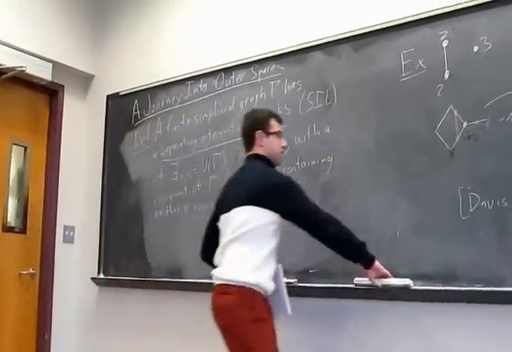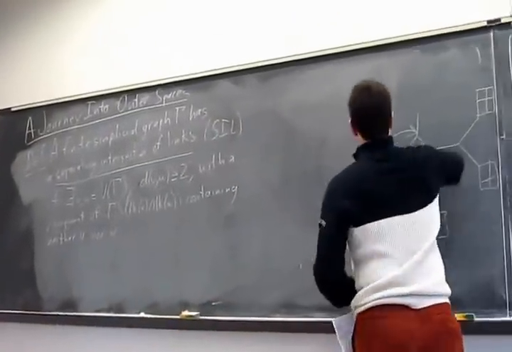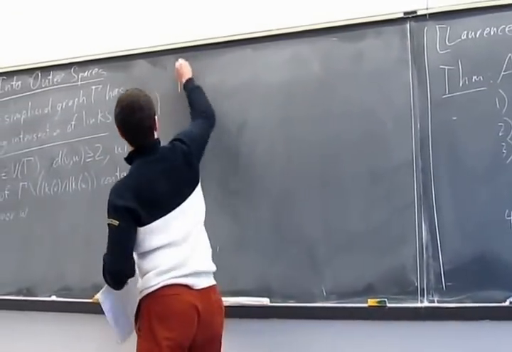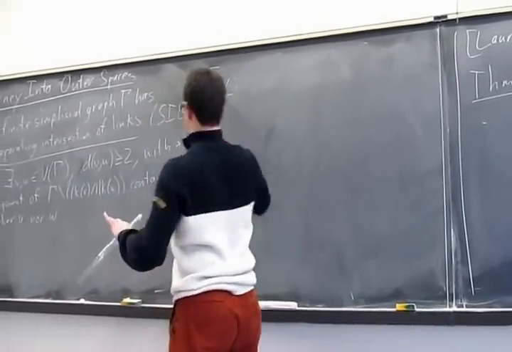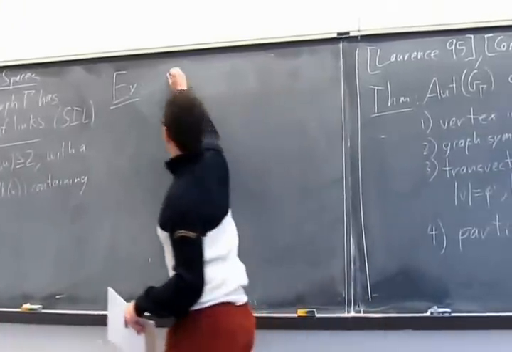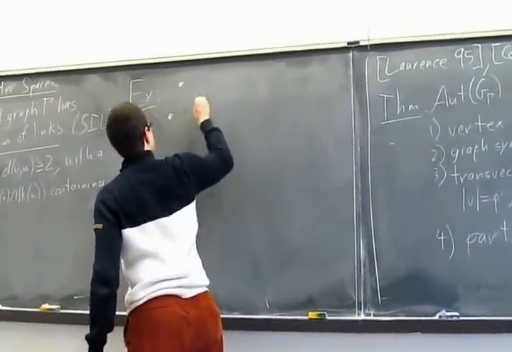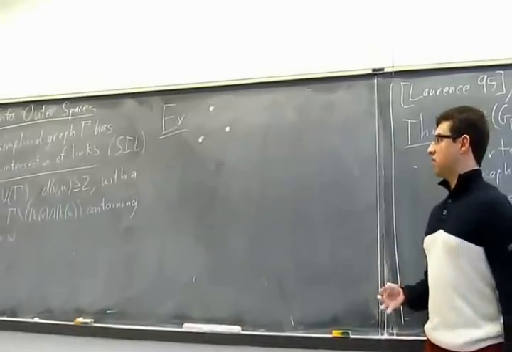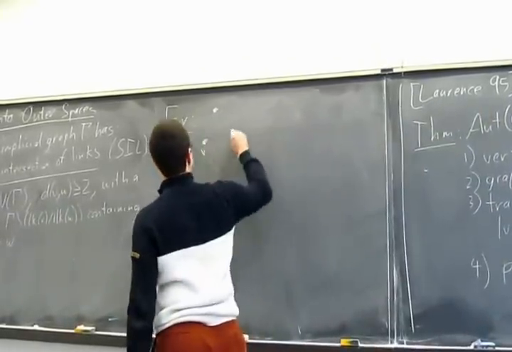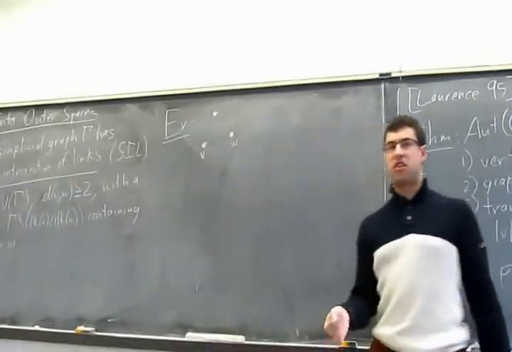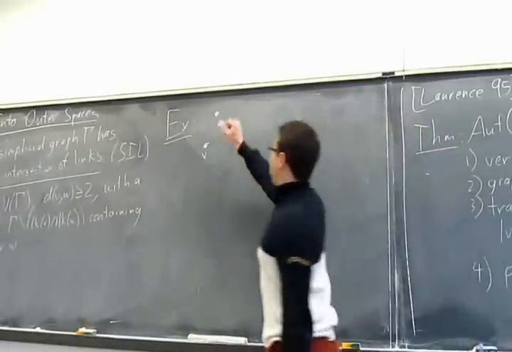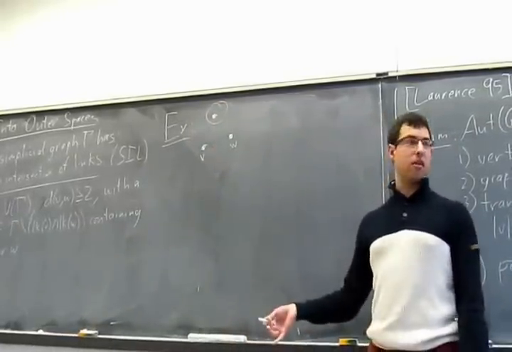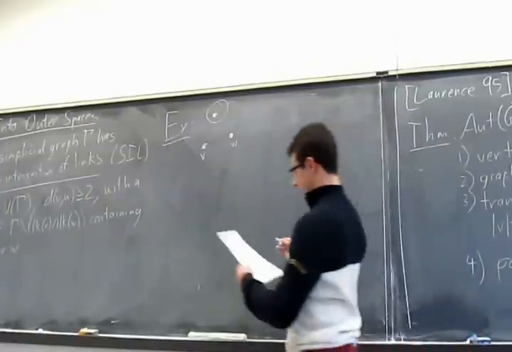So this is a bit of a strange way of putting things, at least to hear it, but once we have some examples, it becomes really clear really fast. So, let's take this graph. This graph has a SIL. If I take V to be one vertex, W to be another, the intersection of their links is trivial, so I can just take that last remaining vertex. There's my component containing neither of them. Hooray, I have a SIL.